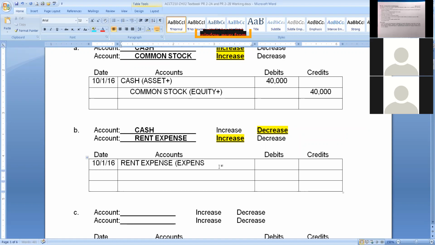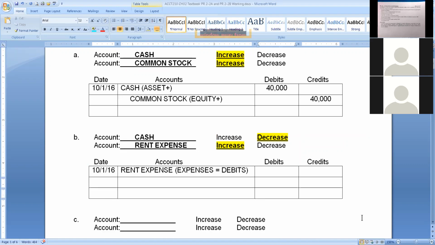And expenses are debits. They're always debits. So this is for 4,800. And our cash is going down. Yes, going down. Credit.